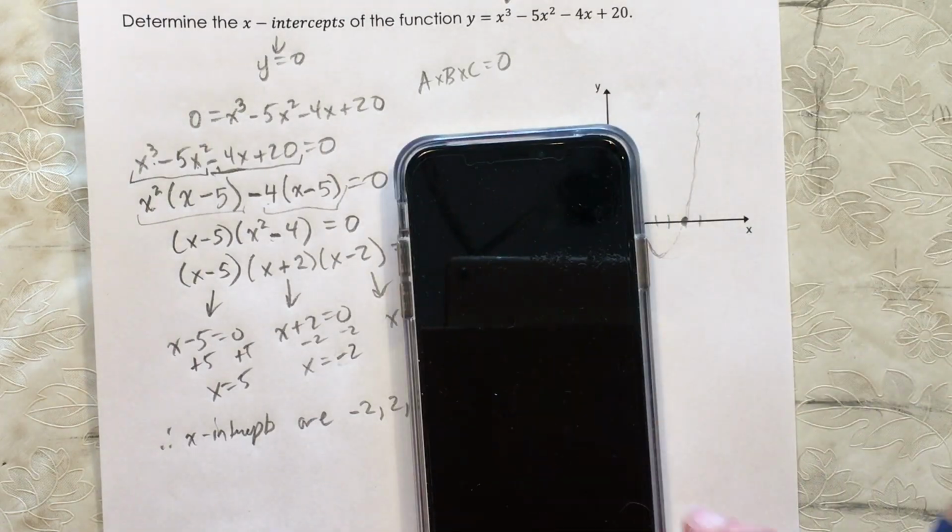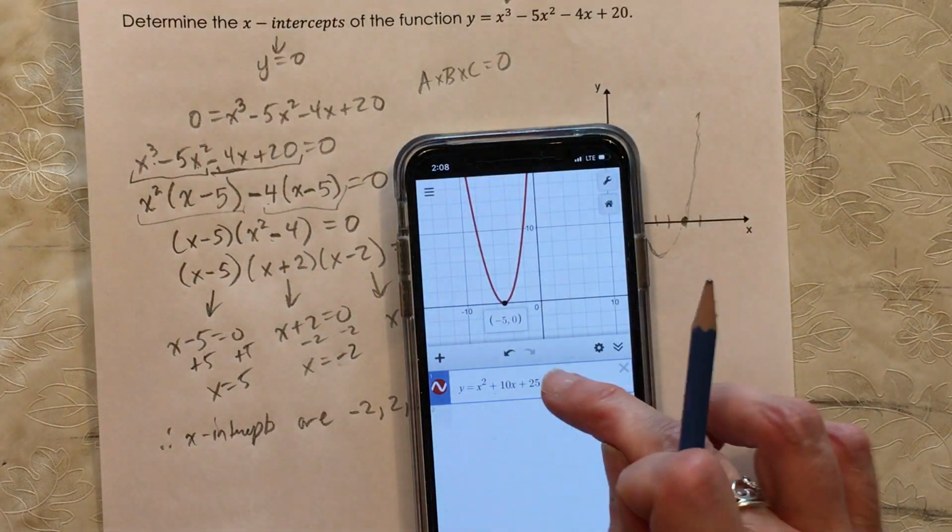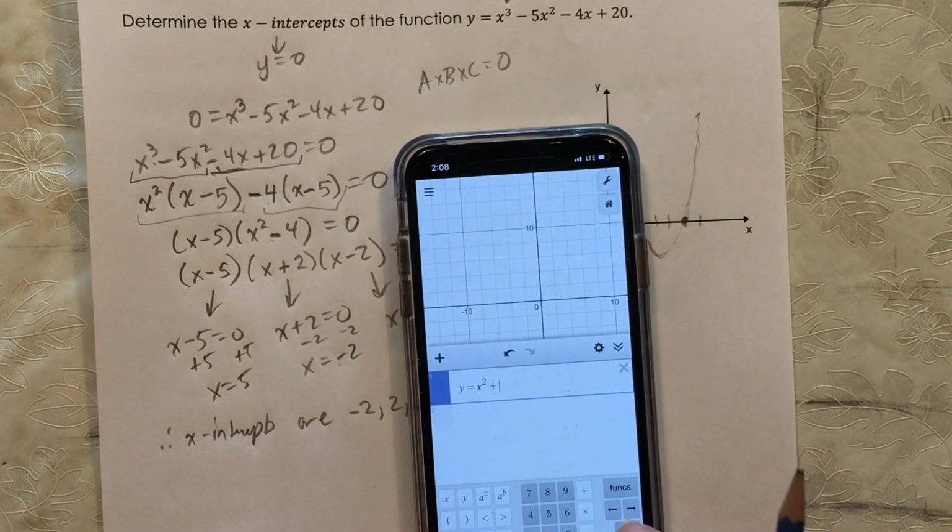But we can look on Desmos again. And type it in.